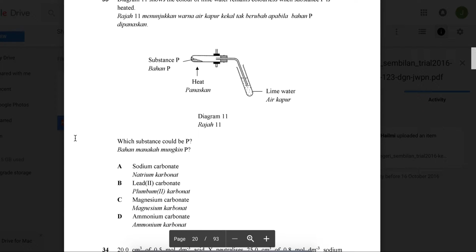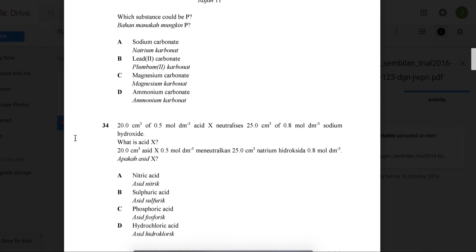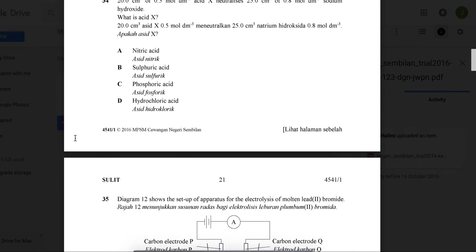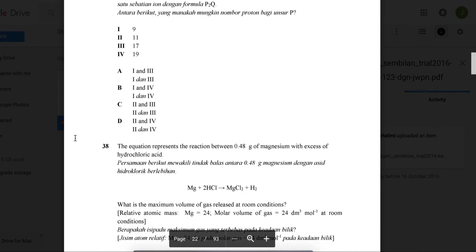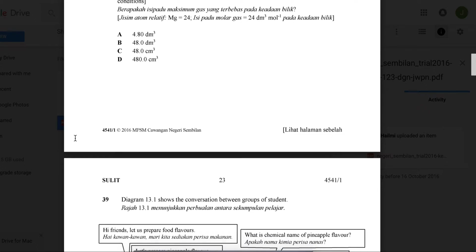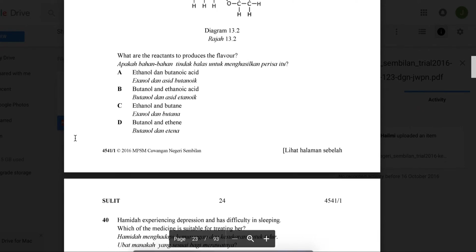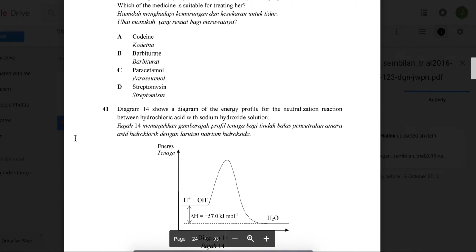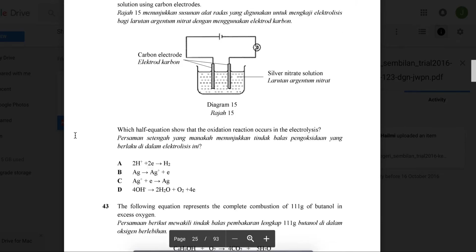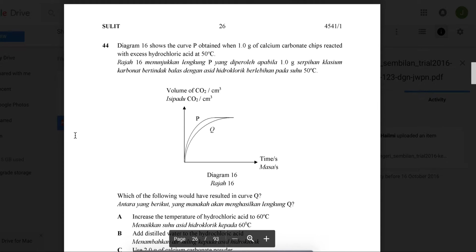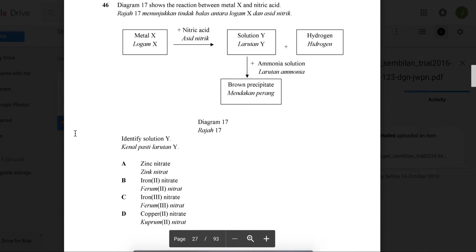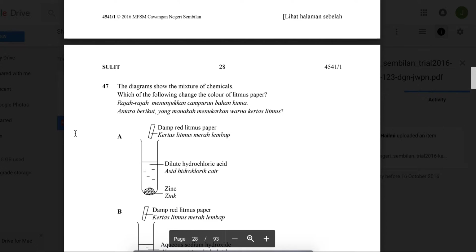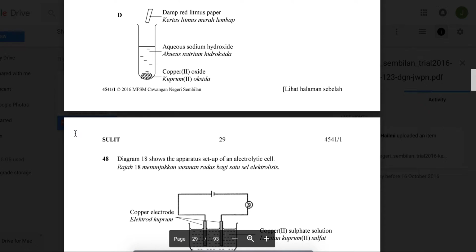Let's see. No, no, no, no. Okay, no, no. Not yet. I think that was all the periodic questions for this paper. About 5 or 6 though, quite a lot, right?